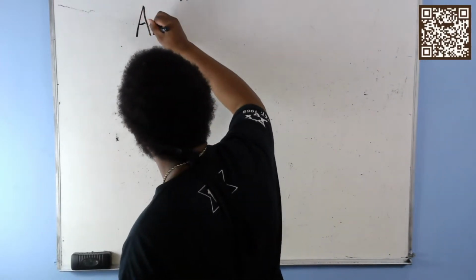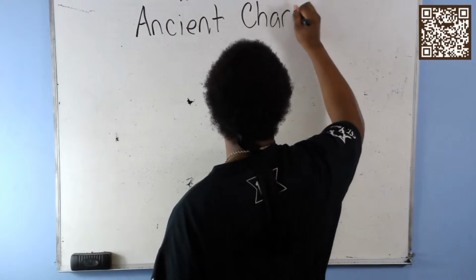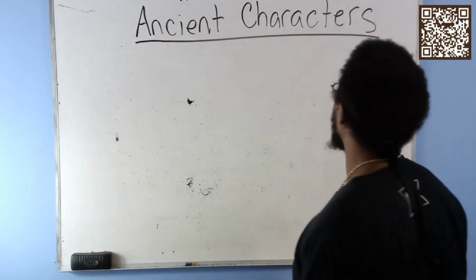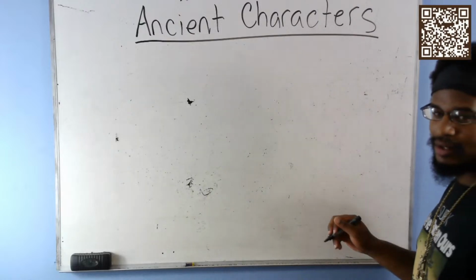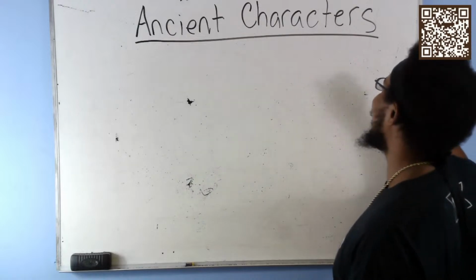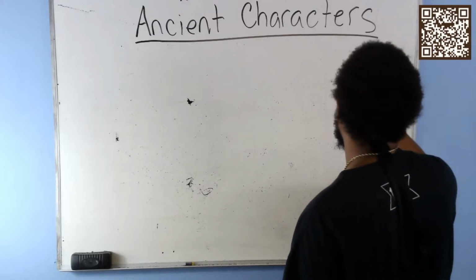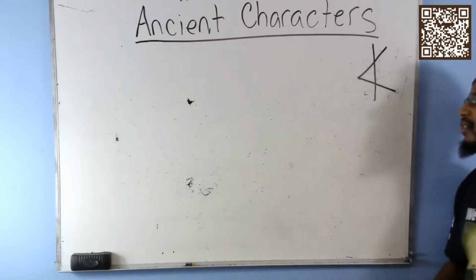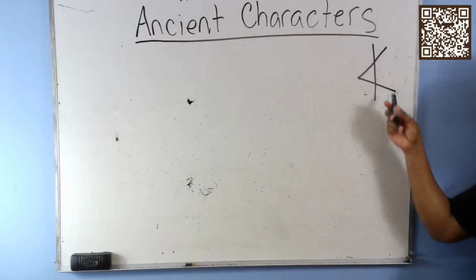Okay, we're going to start with I. That's the character I. Now we're going to go with the Ba.